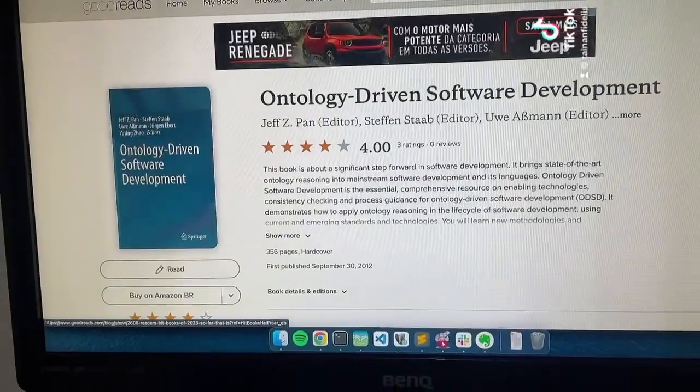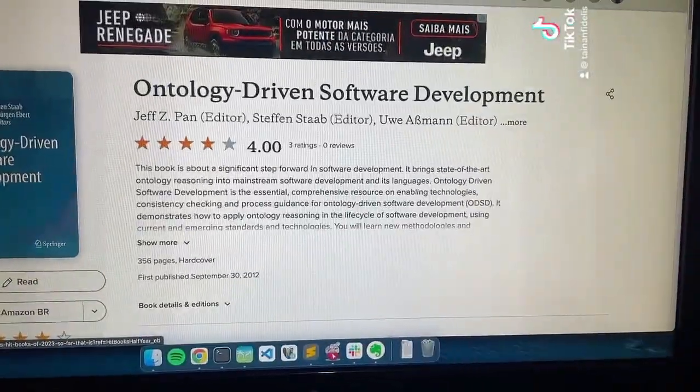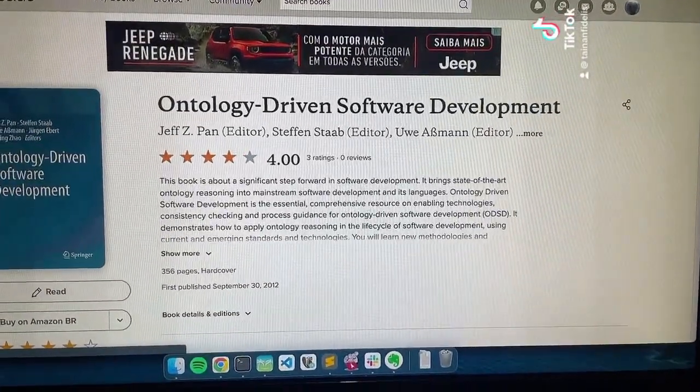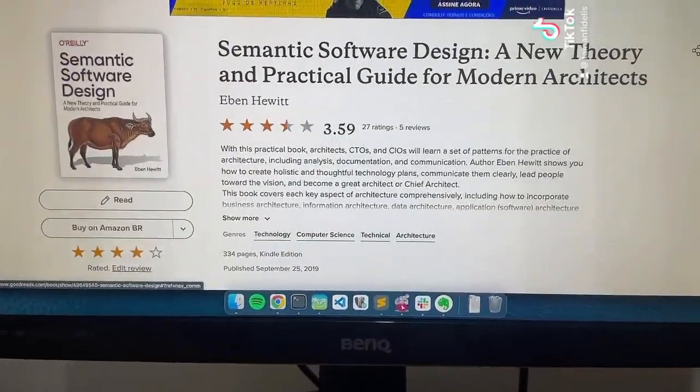And the next one was Ontology Driven Software Development, and this one, Semantic Software Design. To be true, Semantic Software Design from Eben Hewitt was not that useful for our research here on the Hook Captain channel, because it was more generalist. It was more regarding the role of the architects while they are creating software.